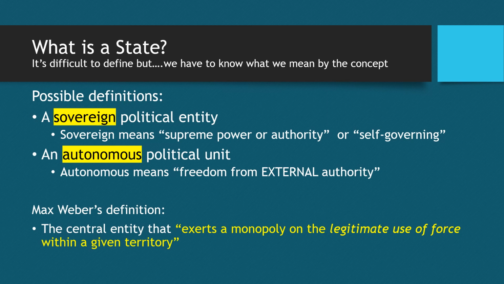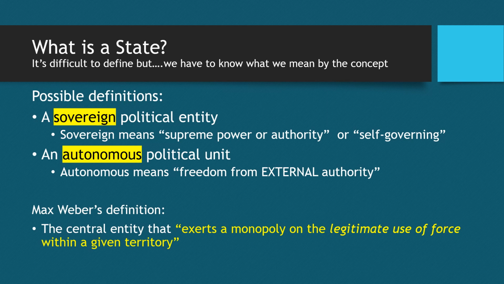Similarly, the word autonomous is used a lot. Autonomous meaning freedom from external authority. So when we're talking about a state, like the state of Mexico, let's say, what we're talking about is that the Mexican government has the ultimate right to rule Mexico, the accepted right.